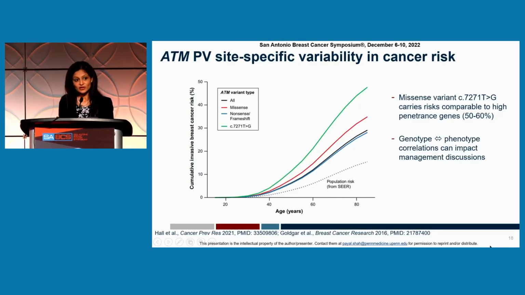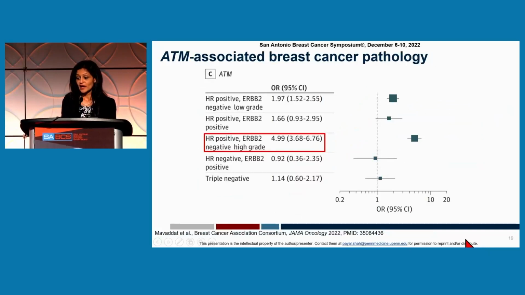And this is felt to occur through a dominant negative effect, whereby the heterozygous state results in increased cancer risks, but the homozygous state of this mutation results in a milder form of the autosomal recessive condition, ataxia-telangiectasia. And so this is an example of genotype-phenotype correlations that can impact management discussions. ATM is associated with high-grade, hormone receptor-positive, HER2-negative breast cancer.